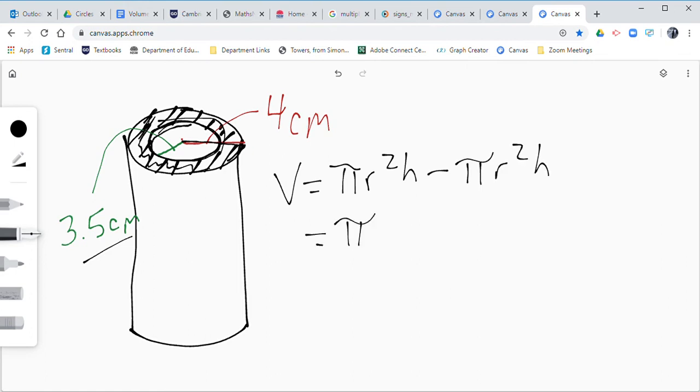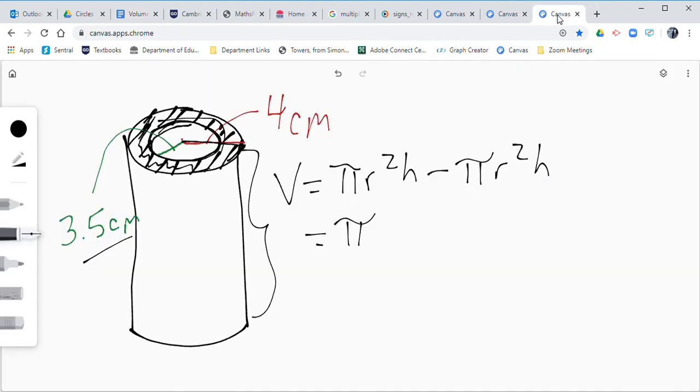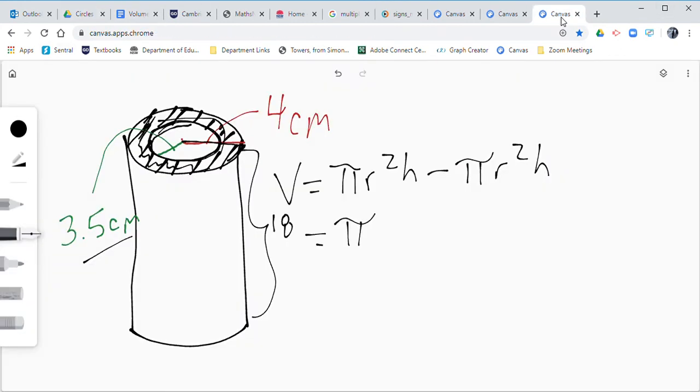Oh, I didn't give a height here. I'm just going to click back and see what it was, because this is from your practice. Yeah, 1.8 becomes 18, so 18 centimeters. There we go.